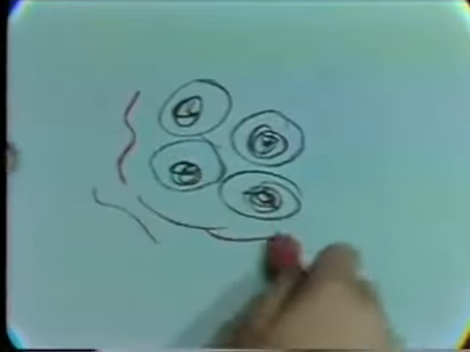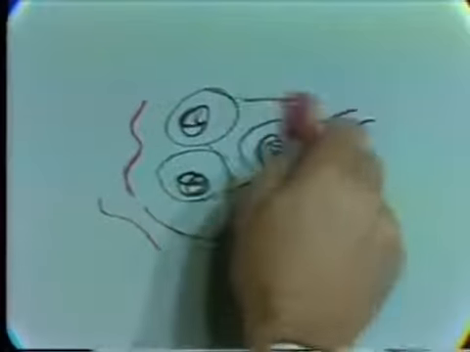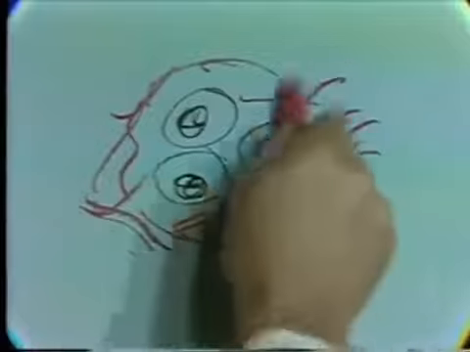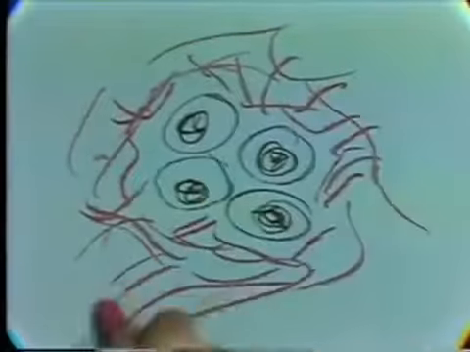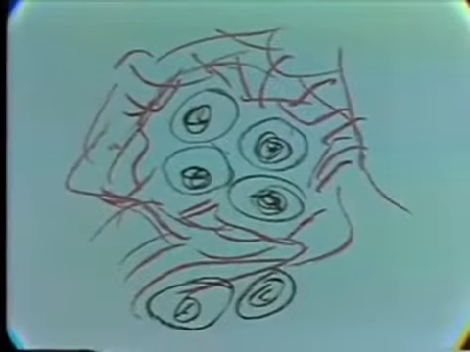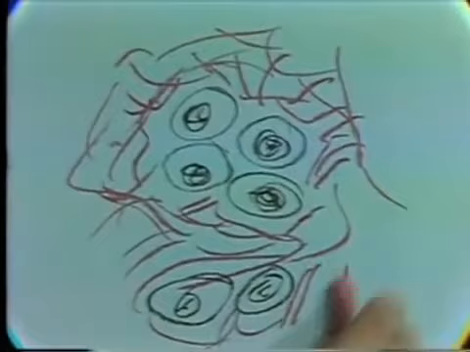Now, in elastic fibers, you can make out the fibers, and they have a whirling and a swirling appearance. These are the elastic fibers. And we'll show you a demonstration of that on the microscope. Let's put in a few more chondrocytes. That would be the appearance of elastic cartilage.